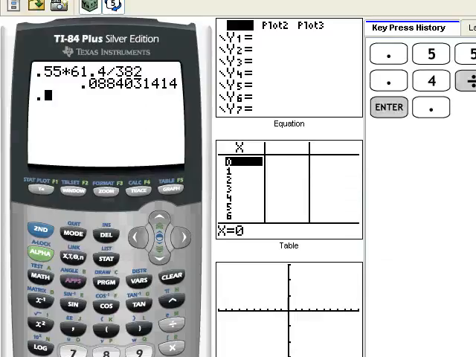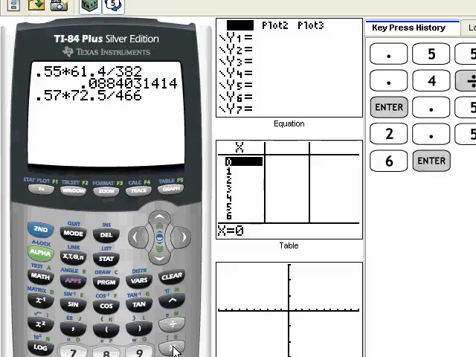And the other side is 0.57 times 72.5 divided by 466, and that of course is what you also have to do. Now I'm going to write them down. On the left, 0.08843, and on the right, 0.08868. So remember these numbers and plug them in.